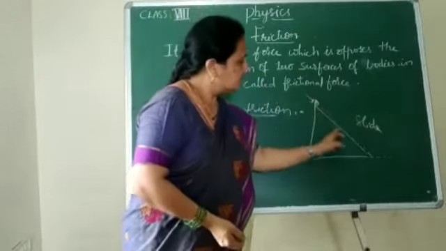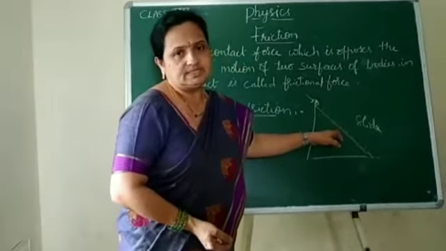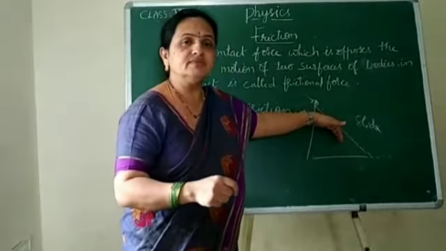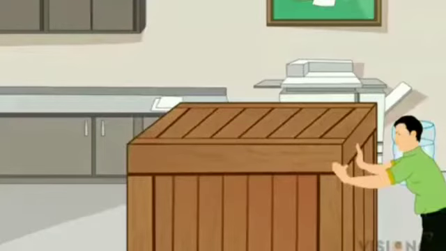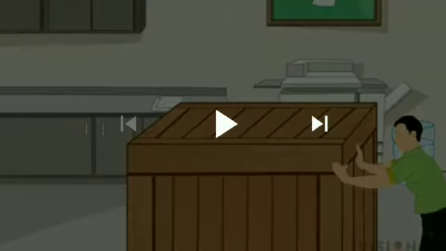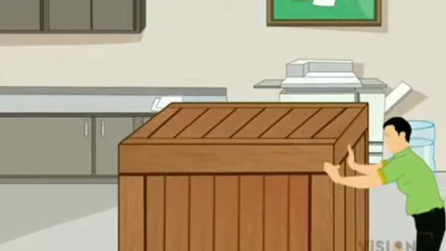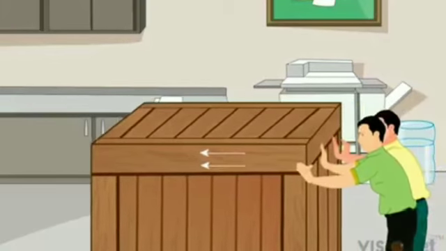Again, the surface which is in contact is very important. Static friction and sliding friction. Try to move a heavy box which is at rest and a box which is already in motion. Do you apply the same force in both conditions? Obviously, no. It is easier to move a box which is already in motion than the box which is initially at rest.